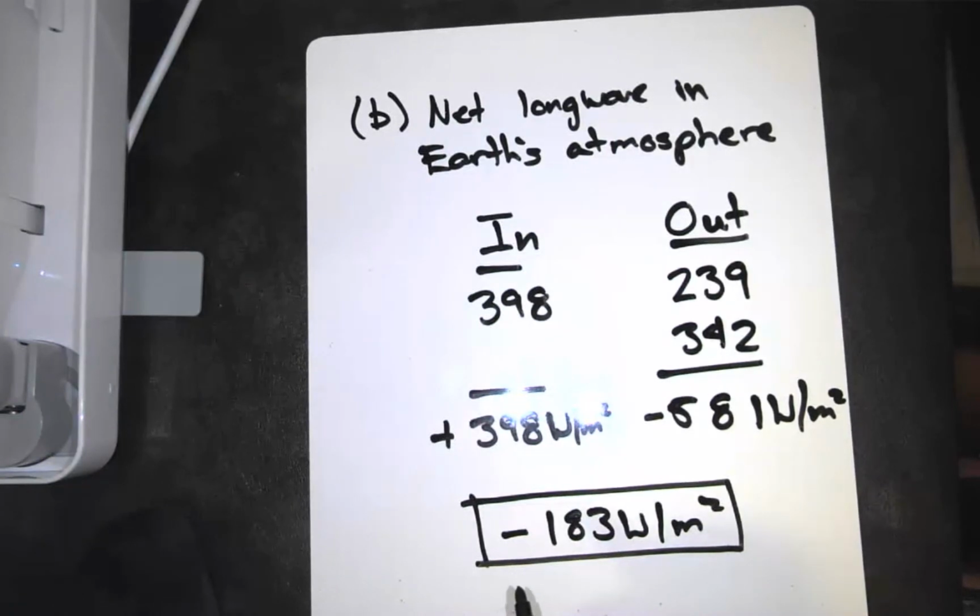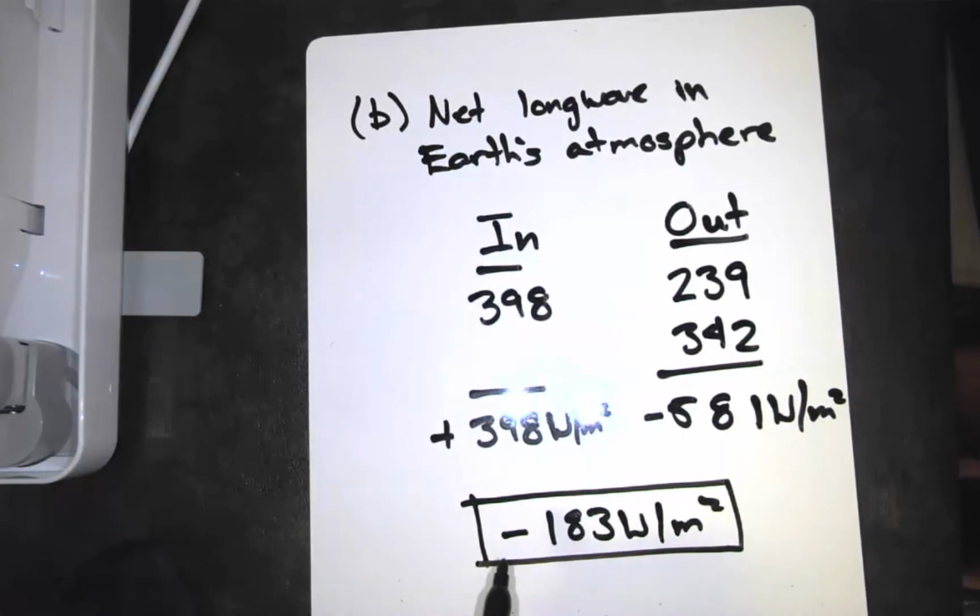So the question also asks us to comment on the nature of the sign of our answer here. So we got an answer of minus 183 watts per square meter. So what that says, again, just to be clear, is that there are 183 watts per square meter more leaving the atmosphere through long wave radiation than are coming into the atmosphere as long wave radiation.